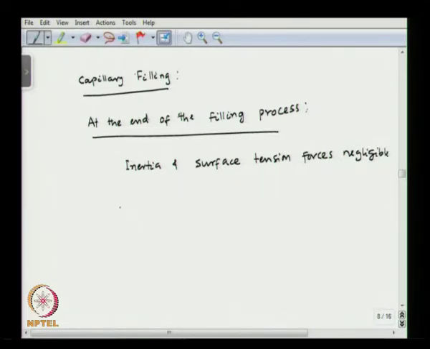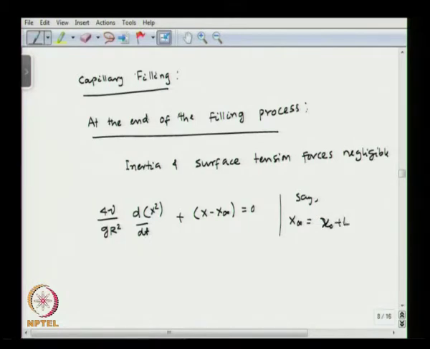So, in the general equation if you drop off the inertia and surface tension forces, then we get 4 nu over g r square into d of x square over dt plus x minus x infinity as 0, where we say that x infinity is x 0 plus L.